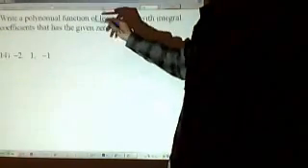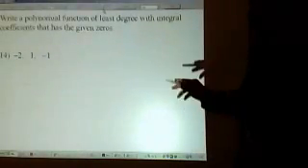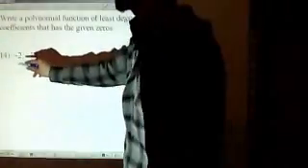So now let's look at this polynomial function of least degree thing. Okay, we're going to write a polynomial function that has these zeros. So what you need to know is the factor thing.